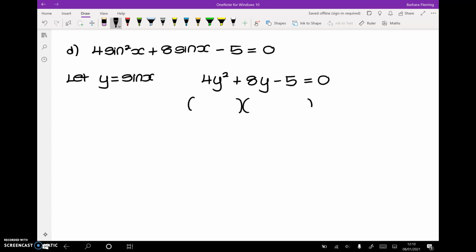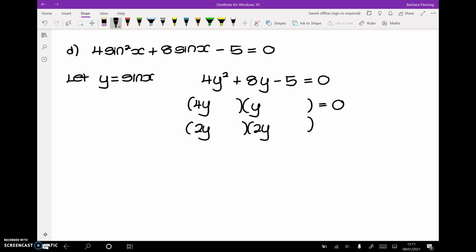So putting this into 2 brackets. Now we've got a few options. We could have 4y and y, or we could have 2y and 2y as our first term. Our factors of 5 are just going to be 1 and 5.